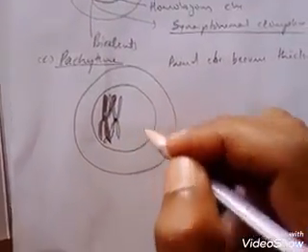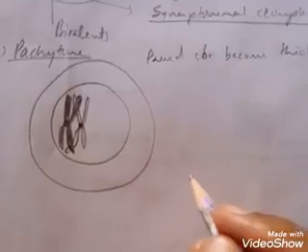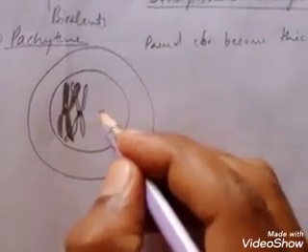These are the homologous chromosomes here, and one more pair you can show here.